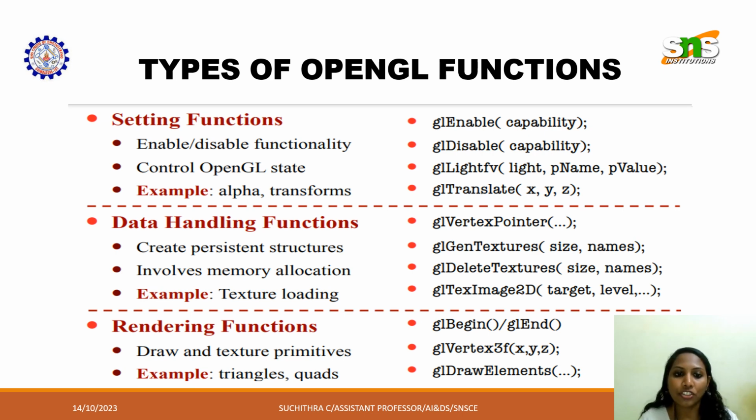The next type is rendering functions, which draw and texture primitives. Examples are triangles and quadrilaterals: glBegin, glEnd, glVertex(x, y, z), glDrawElements.